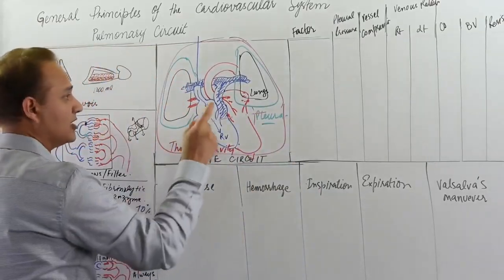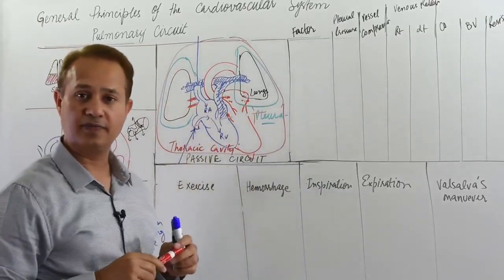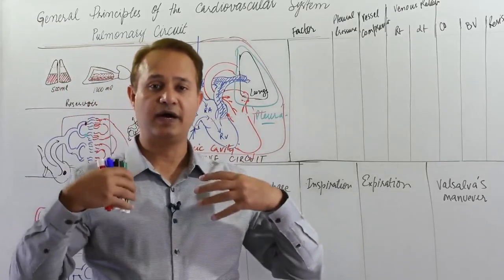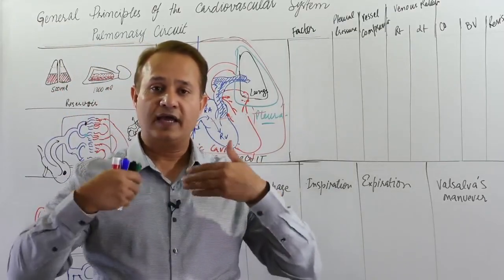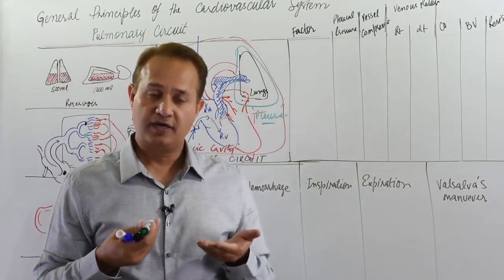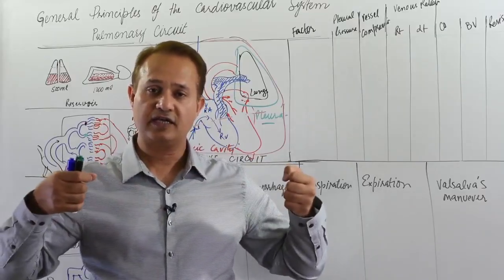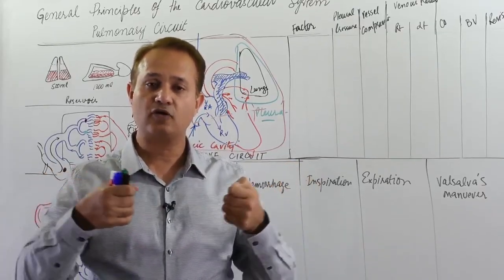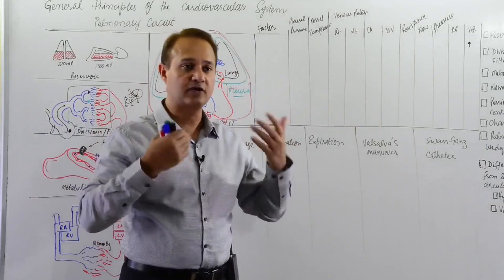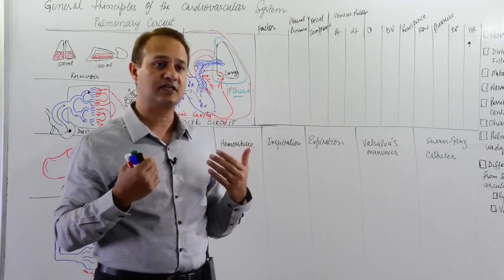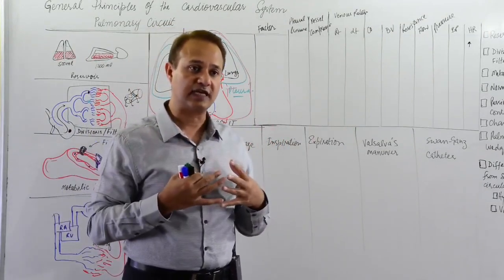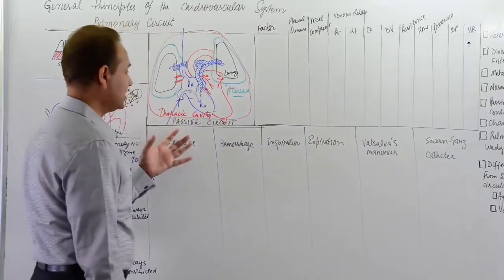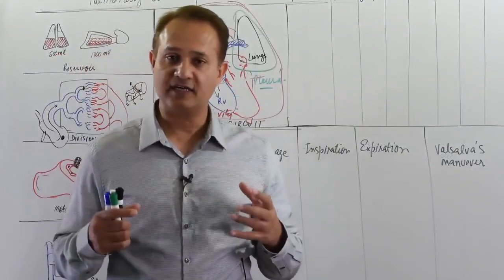Now in this one, what is important is the lungs. As I inspire or I expire the air, the thoracic cavity is expanding or contracting. Actually, I'm inspiring or expiring the air because of the expansion and contraction of the thoracic cavity. So the thoracic cavity itself now contains the lungs and the heart.